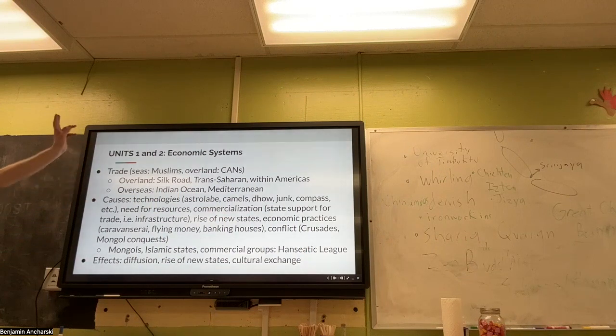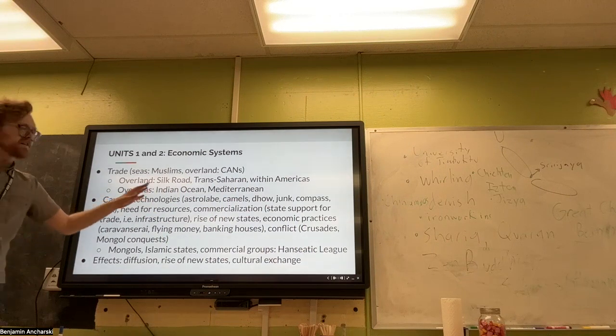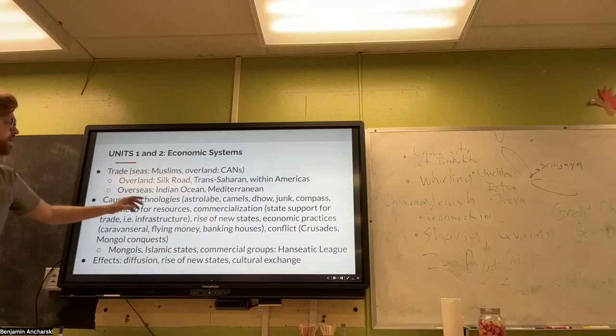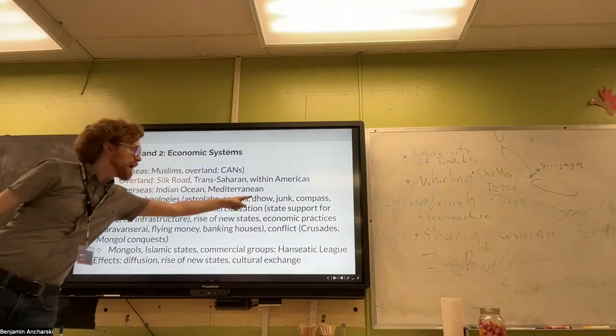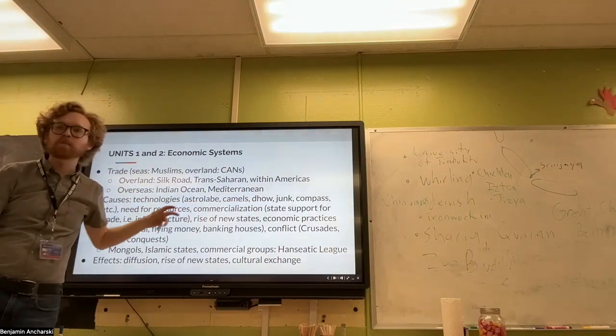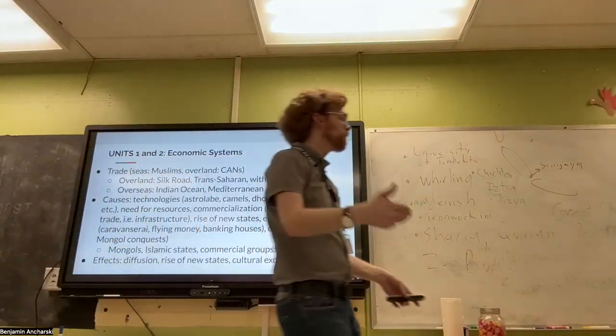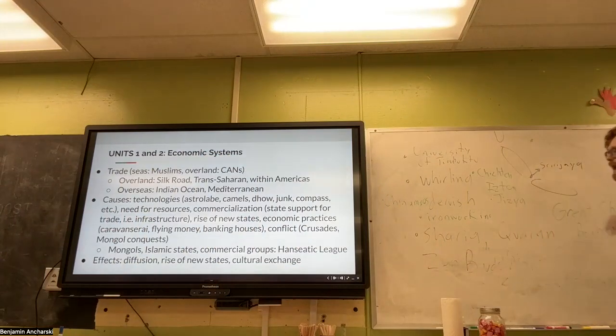The dhow, a ship, the junk, a ship, the compass, you know what a compass is. You would need to know where things are from, so pay attention a little bit. The astrolabe, the dhow, these things are mostly from Islamic societies. They are examples of technological innovations in and as a result of the Islamic Golden Age.